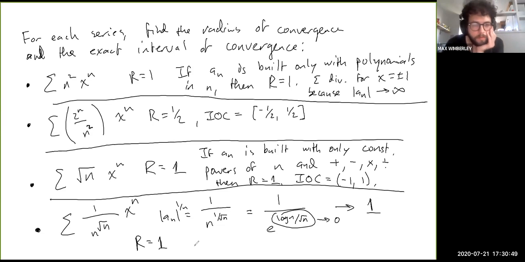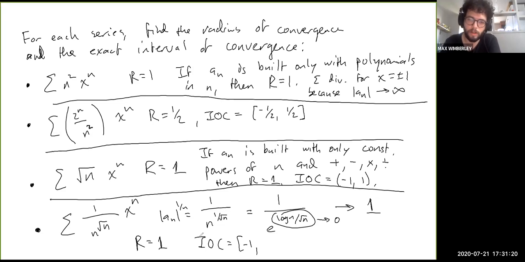Let's see. So the question is, does the sum of, so clearly when x is -1, it should converge because then you get an alternating series.